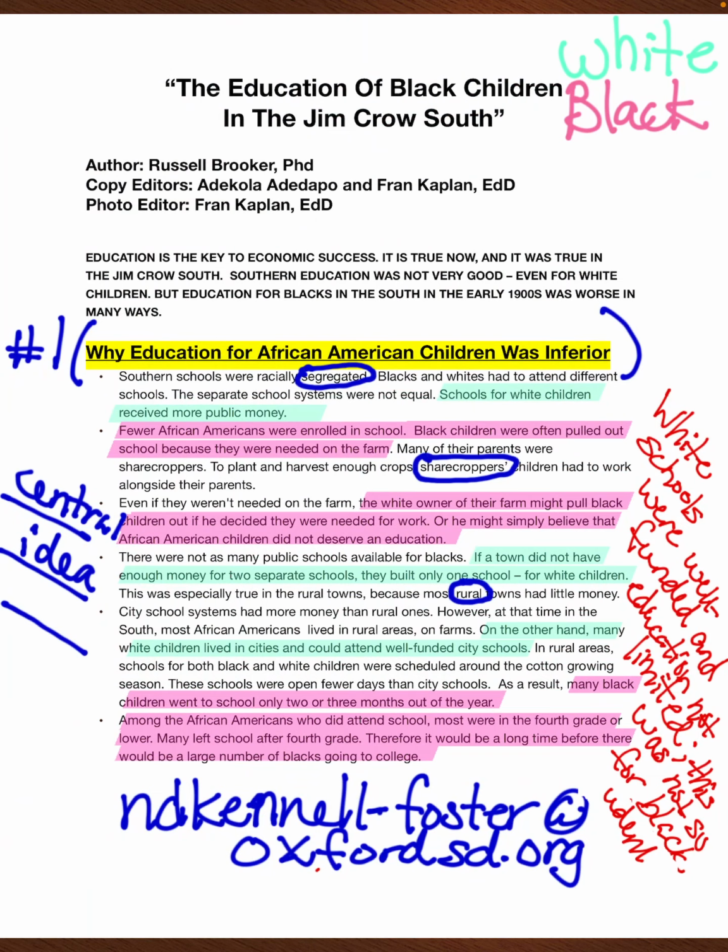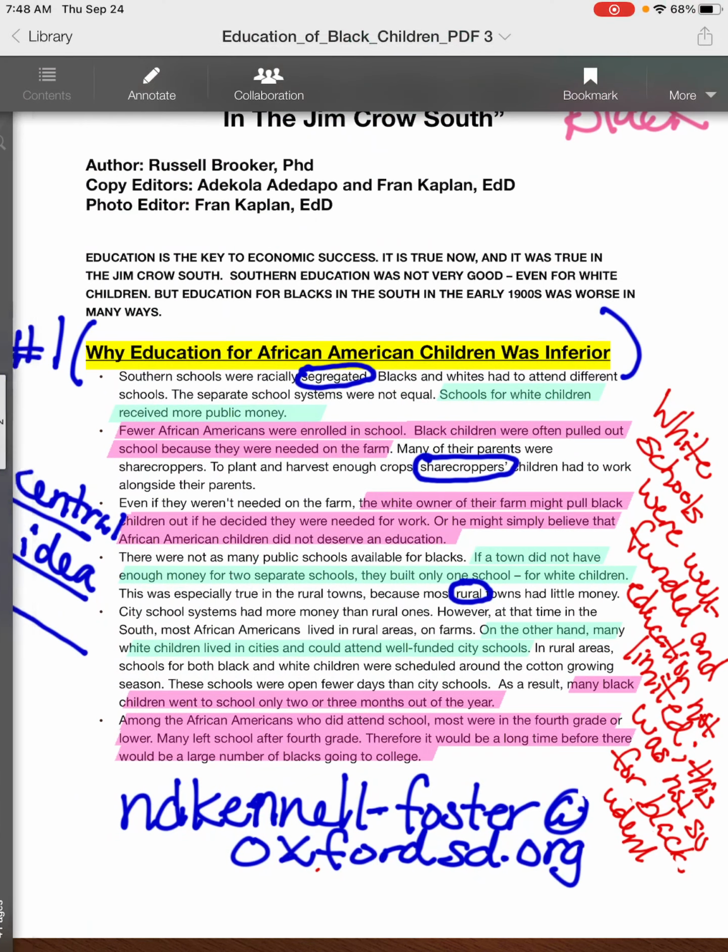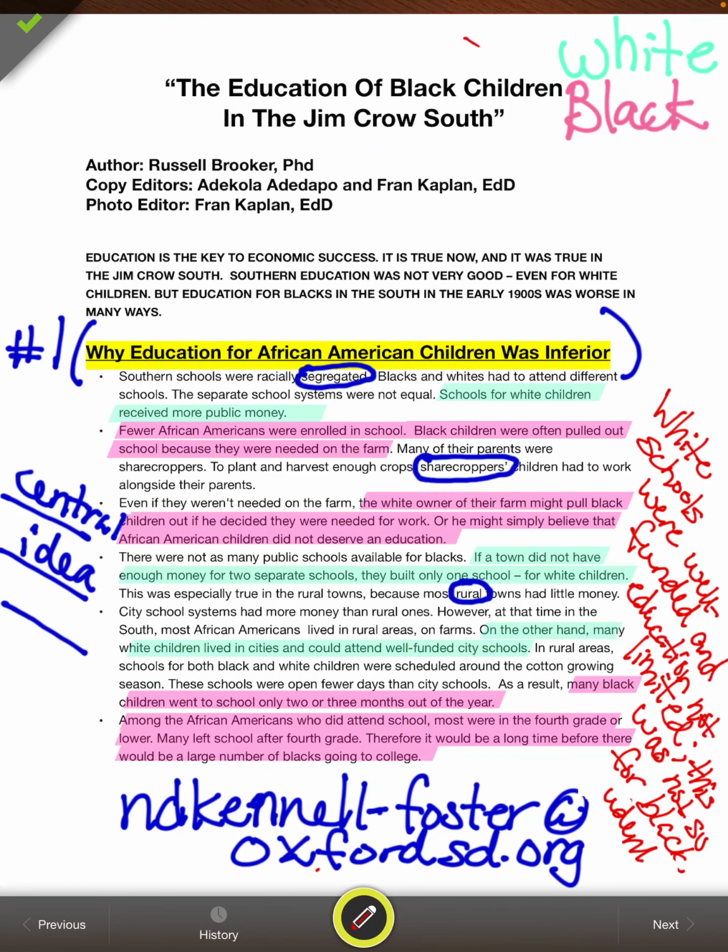So the instructions were to circle words I did not know. I circled a few words that I thought you guys might not know. The instructions were to highlight facts about education for white children in one color and facts about education for African American children in a different color. Notice my legend at the top. You just click on annotate. This is my legend.